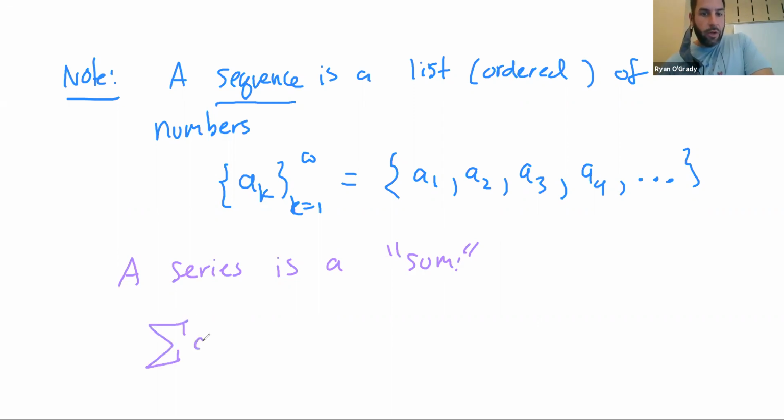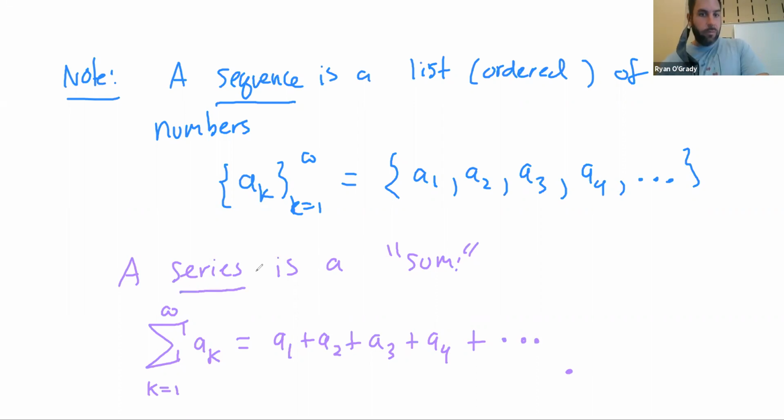You could take your terms and we ask what happens to each one of these terms in the sequence if we add them. Those are two different things. Does that make sense? Does that answer your question? Yeah. Good.